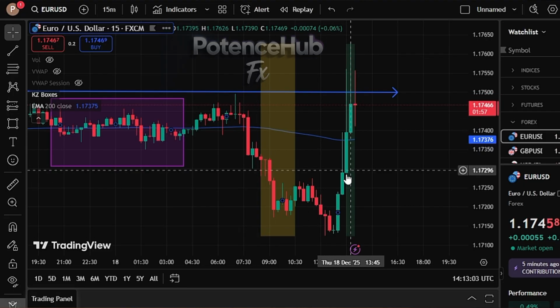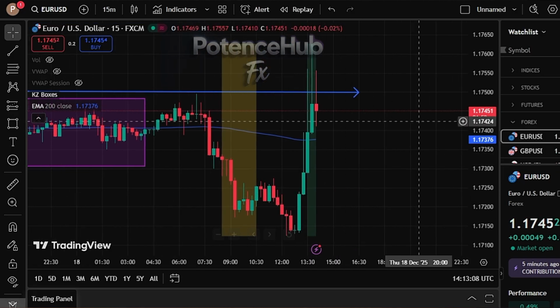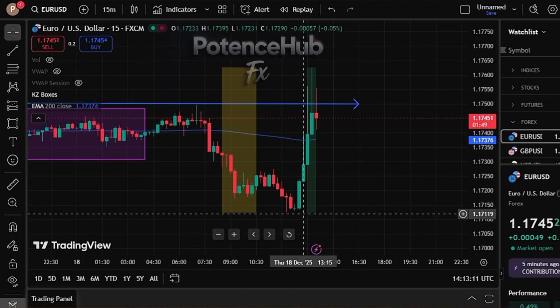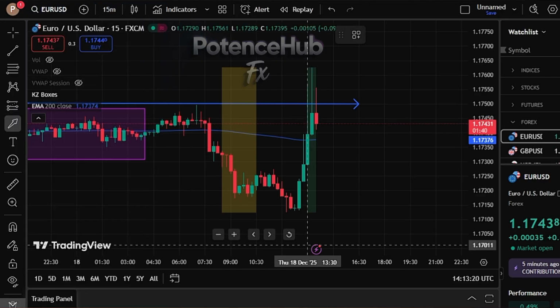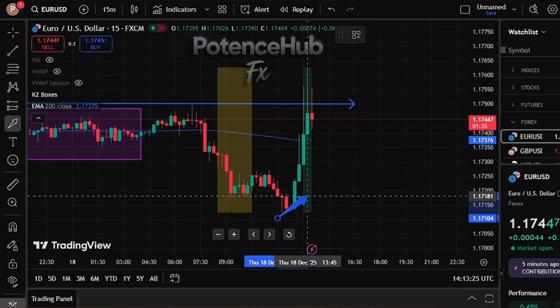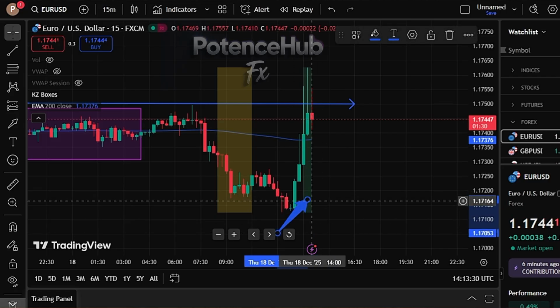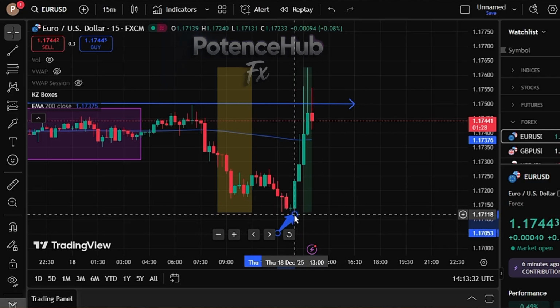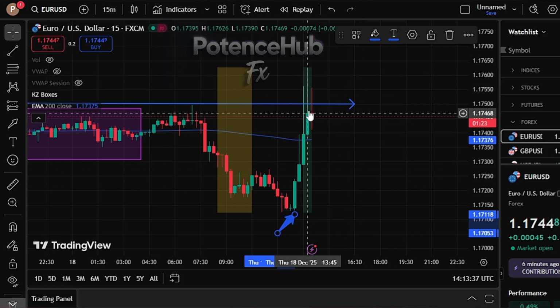And as you can see real quick, for all those who were able to take a trade, for as many that were able to buy at this point, you can imagine the amount of profits they have been able to make from here.